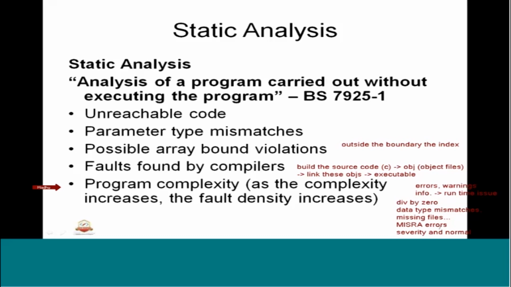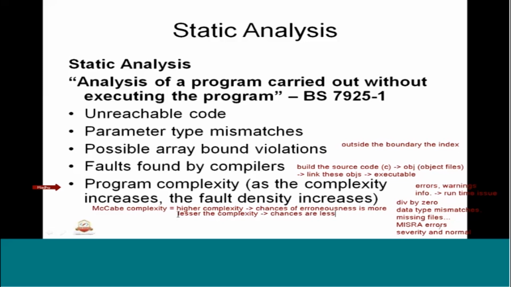I will explain the complexity measurement such as McCabe. It's one of the most popular complexity measurement tools or analyses that they do. The higher the complexity, the chances of errors are more. The lesser the complexity, the chances are less.